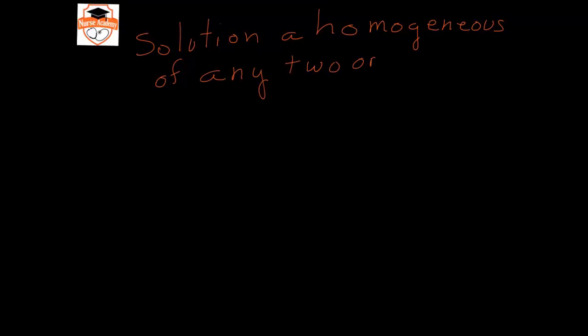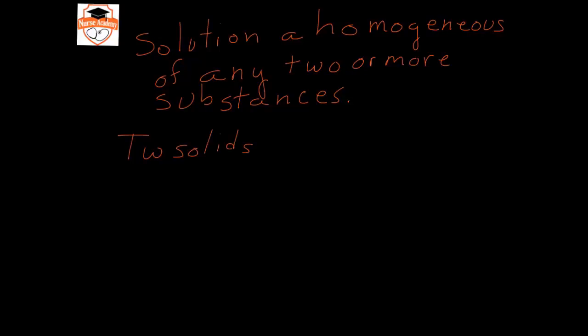A solution is defined as a homogeneous mixture. In other words, it's a mixture that appears the same throughout, of two or more substances. You can have mixtures of two solids.